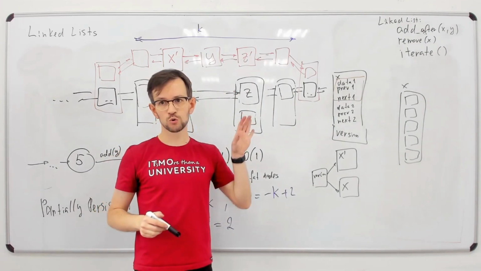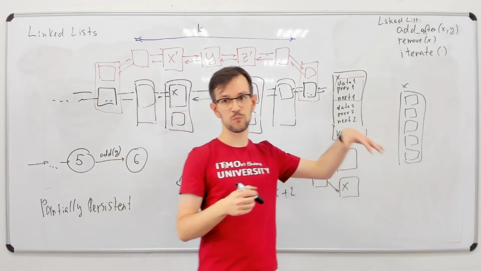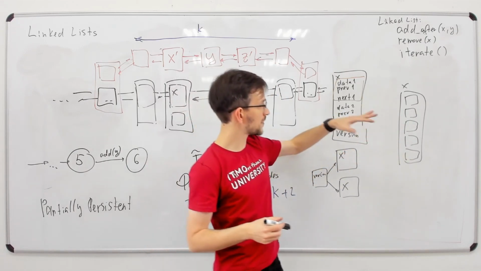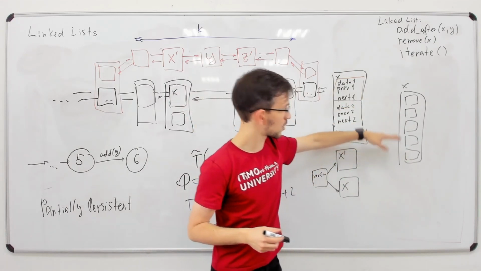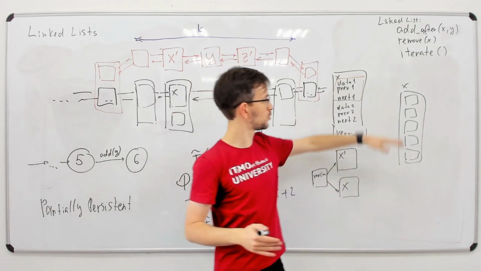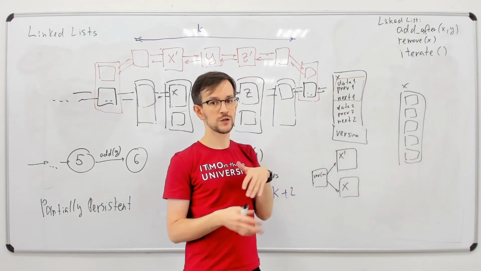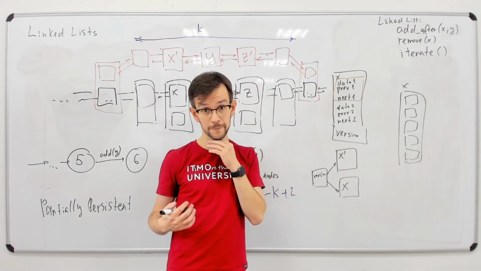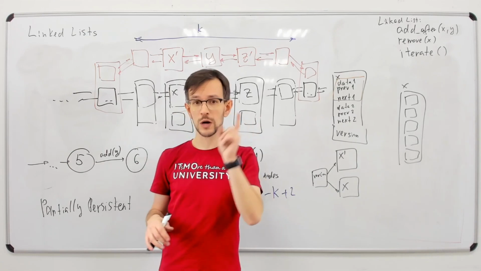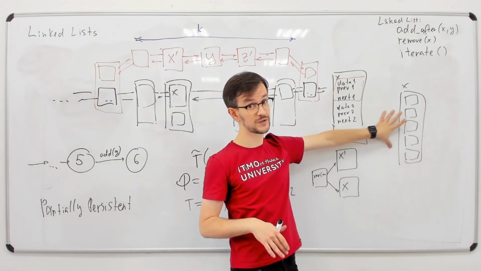Now you want to go to the next element of the list, so you want to find the next pointer. And to find the next pointer, you need to find the correct version you want to use. So you need some way to find the good version in this list of versions. And there is no way you can do it in constant time. What you can do, actually, is maintain a balanced search tree of these elements.